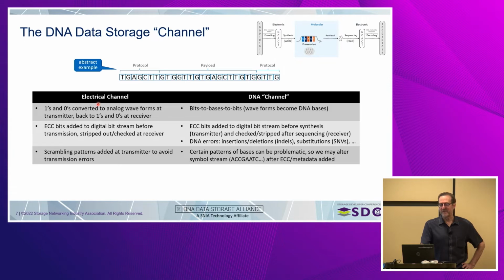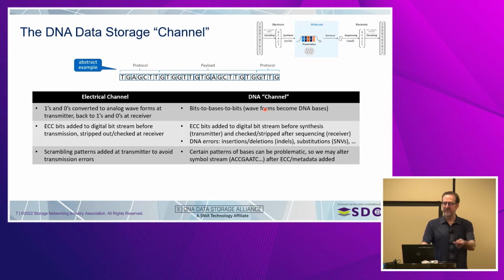In an electrical channel, of course, ones and zeros are converted to analog waveforms. And in DNA, the waveforms are replaced with the bases. So we convert bits to bases, and we have to worry about various aspects.